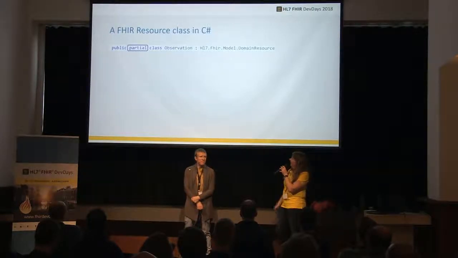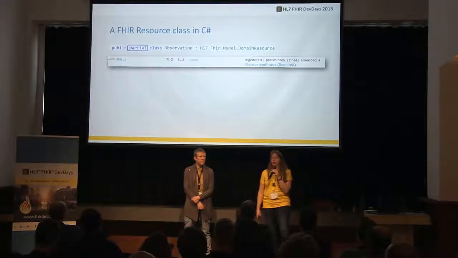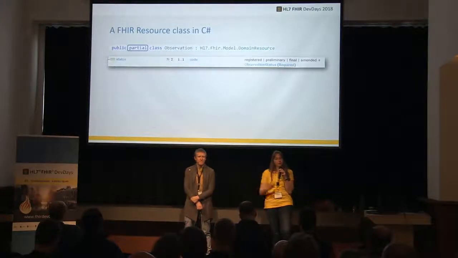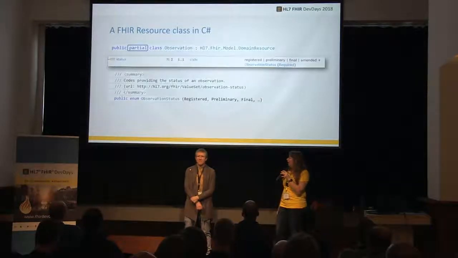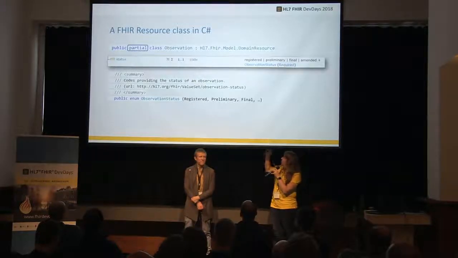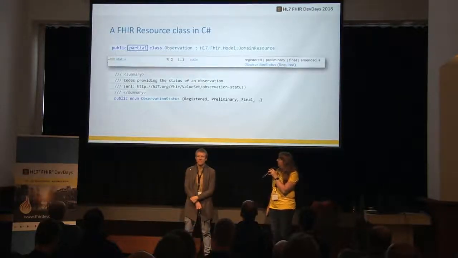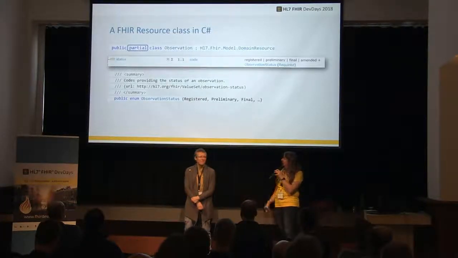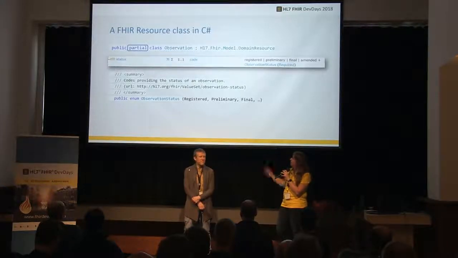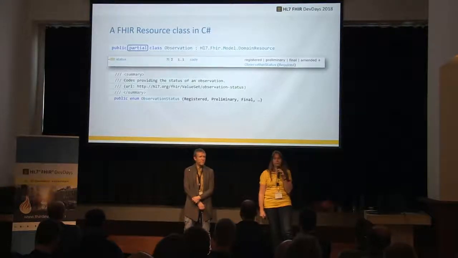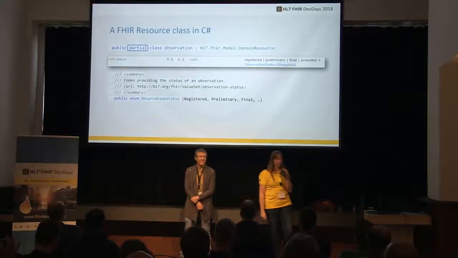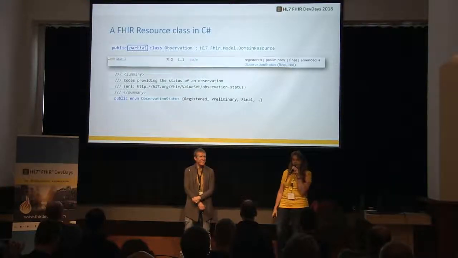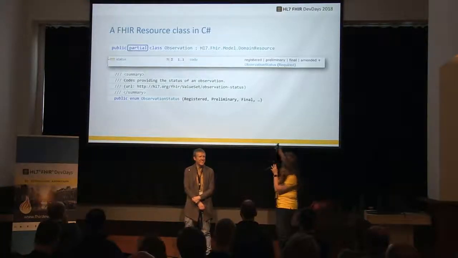Within this class, of course, you will find all of the fields that you see in the tree structure. So for example, the status will be inside of the class definition as a property. In this case, the status field is a coded field, and if you look at the definition of the status field, you can see that this code is a required code.